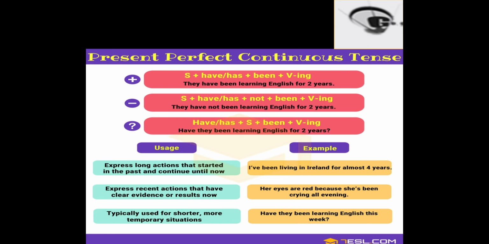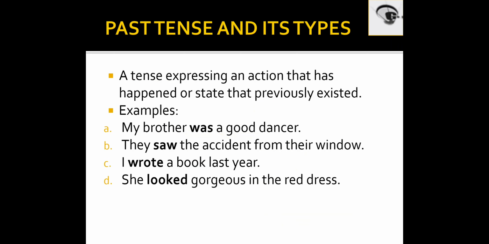For example, her eyes are red because she's been crying all evening. And thirdly, it is used typically for shorter, more temporary situations. For example, have they been learning English this week? So this is all for the present tense.